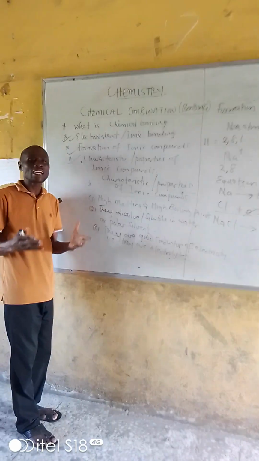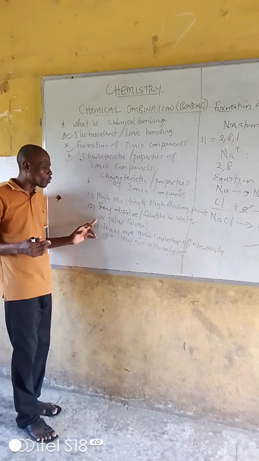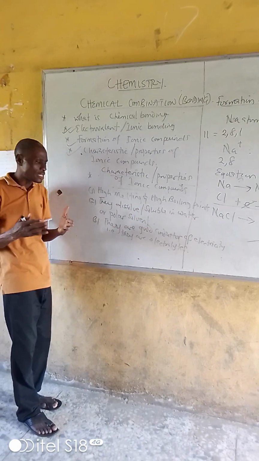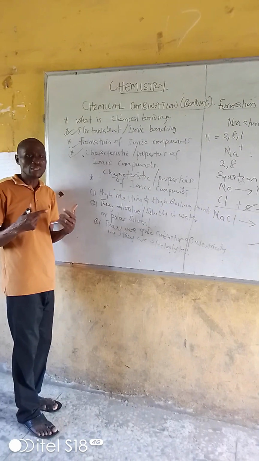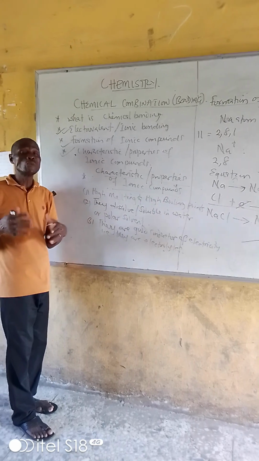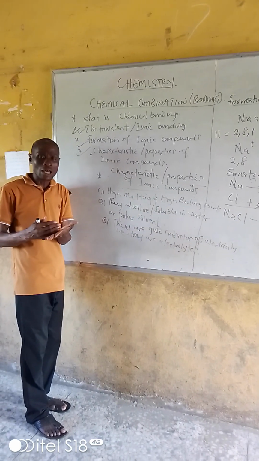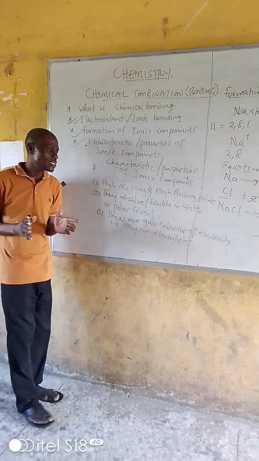They are materials that can conduct electricity in the molten state. So when an electrovalent compound dissolves in water, as I said in number 2, it has the ability to conduct electricity, making it an electrolyte. Electrolytes are substances that dissolve in water and have the ability to conduct electricity.